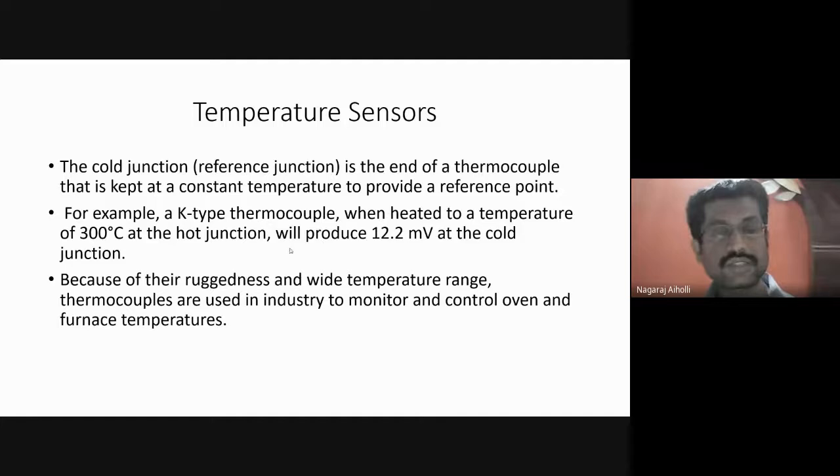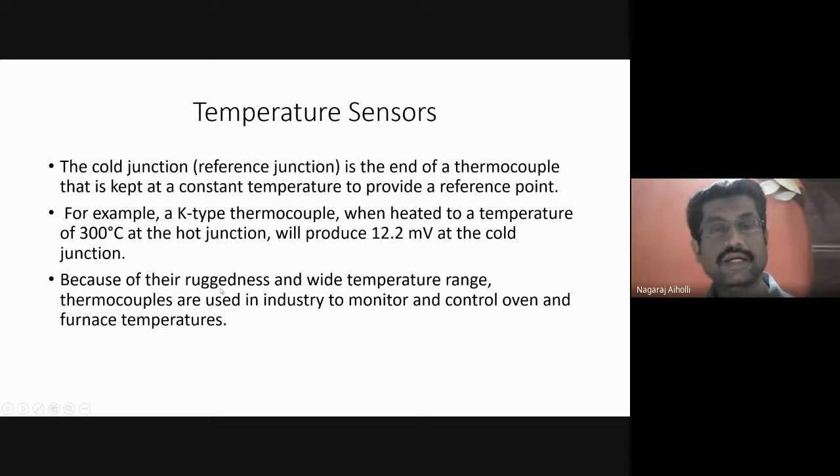Because of the strength of the thermocouples and their wide temperature ranges, they are used in industry to monitor and control oven and furnace temperatures. Ruggedness means the strength of the thermocouple, the load that it can withstand without breaking.